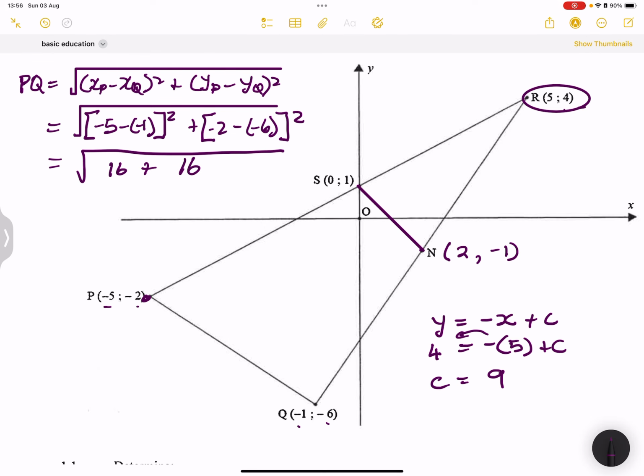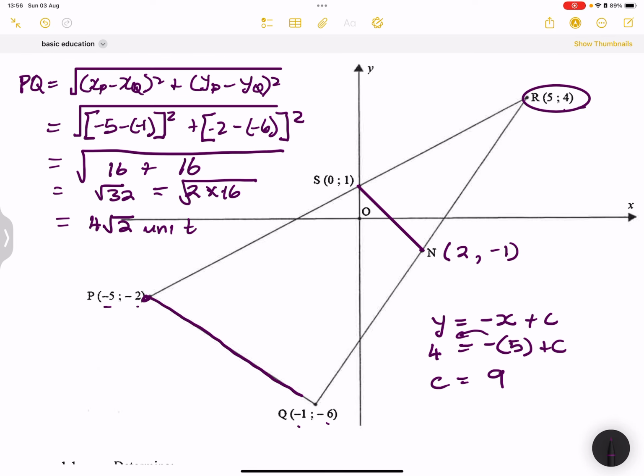So we take the square root of 32. We can represent this as the square root of 16 multiplied by 2, and that will give us 4 root 2 units. So I've found out what the distance of PQ is.